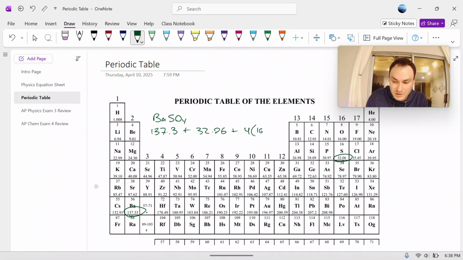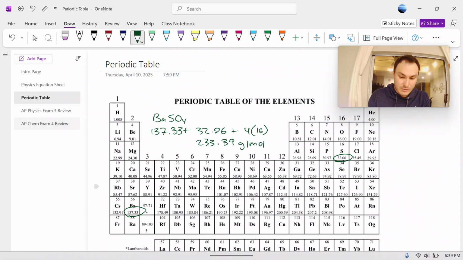Each oxygen is 16. So 137.33, I forgot a 3 here, plus 32.06, plus 4 times 16, and we get 233.39 grams per mole.